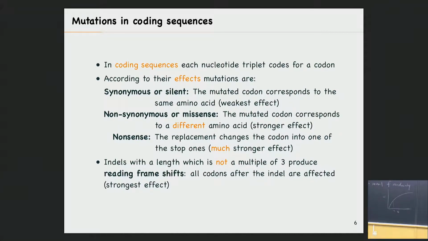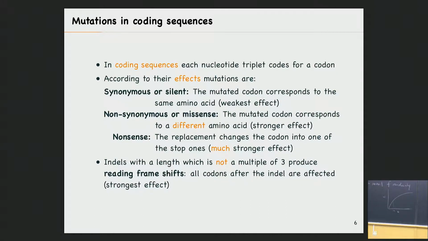Let us focus only on coding sequences, that is those stretches of DNA which will be translated into messenger RNA and then produce proteins. In this case, we know that the proteins are made by reading off the sequence of nucleotides and translating it via the code into amino acids.